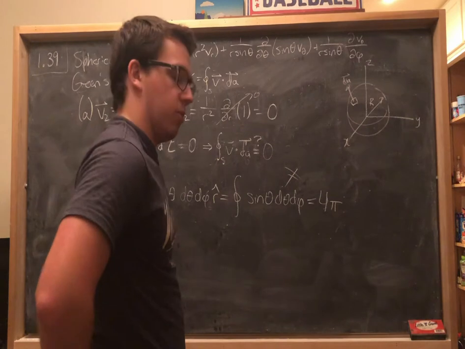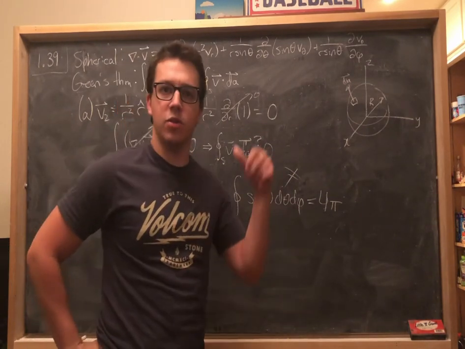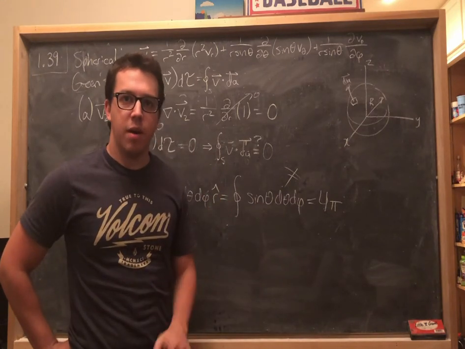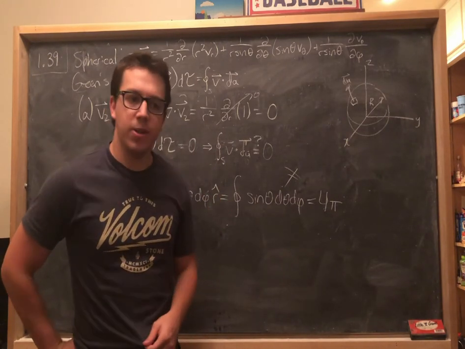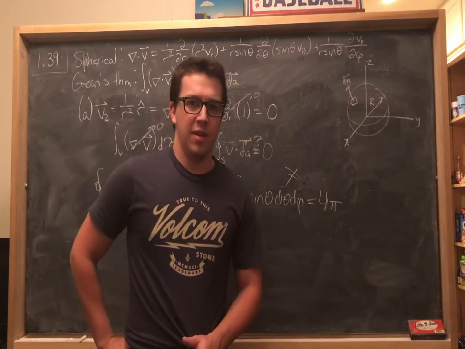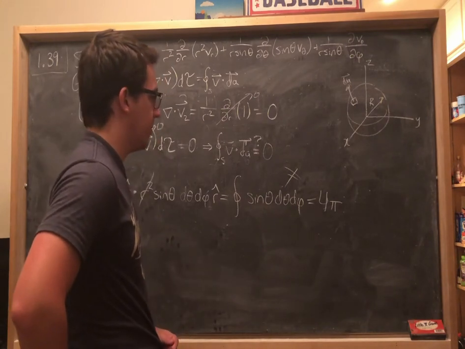But they are not equal, and that seems to be strange because we've been told that this divergence theorem holds up. We weren't told that there are exceptions to the divergence theorem, and yet there seems to be.